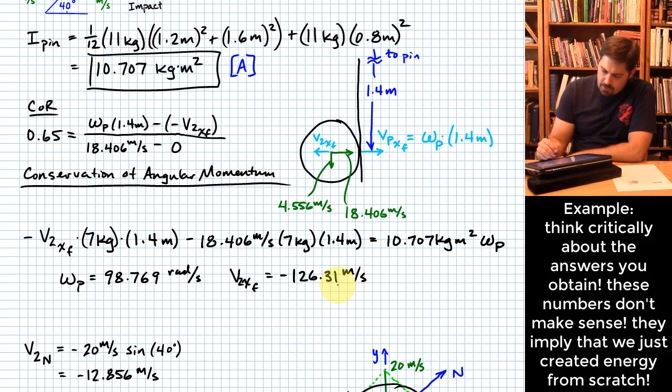So I need to go through and very carefully check all of my assumptions here. It looks to me like probably what went wrong is the amount of momentum loss that I have here; I may have done this wrong. I did final minus initial. Is that appropriate?